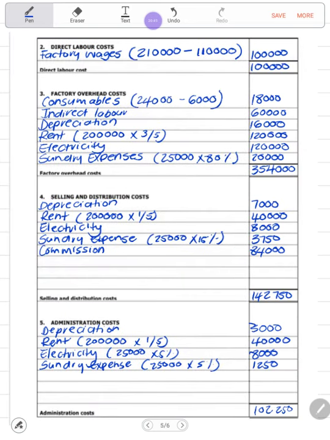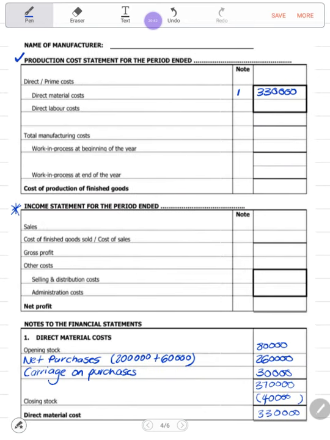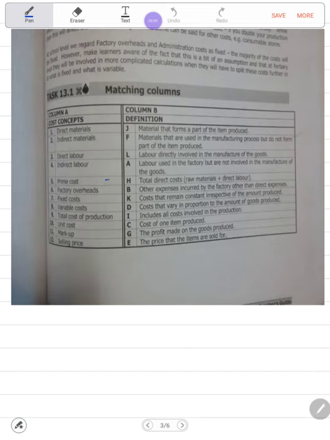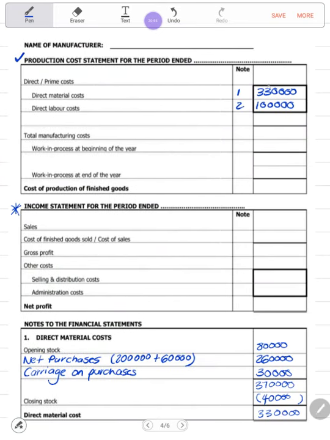Your direct labor costs at note number 2, we worked out to be 100,000. And remember your prime cost is the total of raw materials and direct labor. So you're adding these two notes together in order to get your prime cost, and that should give you 430,000.